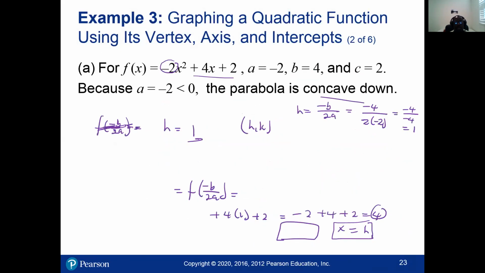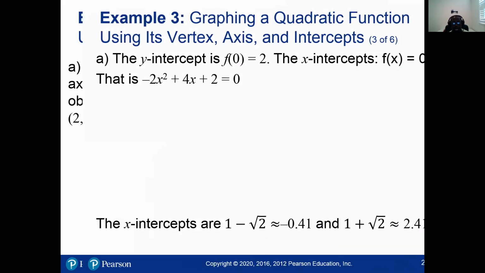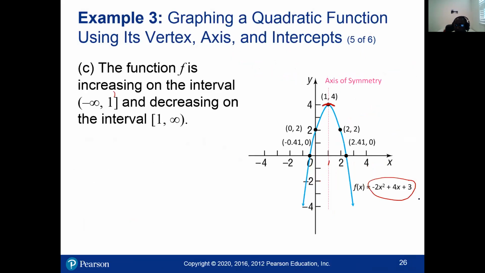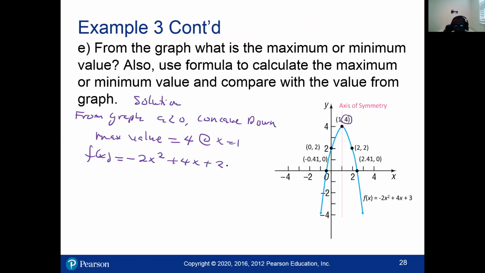I don't know where the plus 3 came from. So there's a typo in the graph; this value here is supposed to be 2. Take note of that.